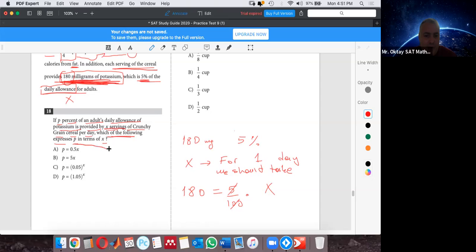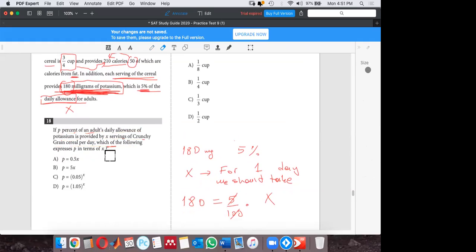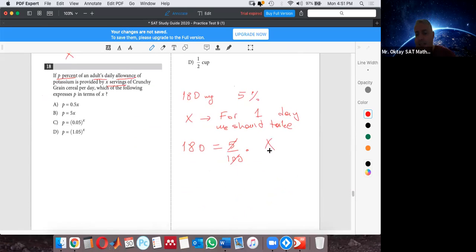Express P in terms of X. What was the P? If P% of an adult's daily allowance of potassium is provided by X servings, and here it says that 180 is 5% of the daily allowance. So yes, I am right.